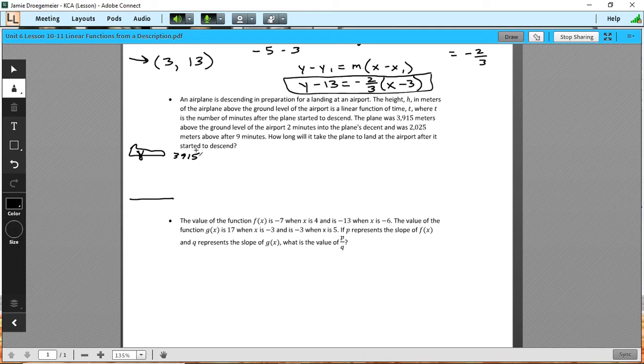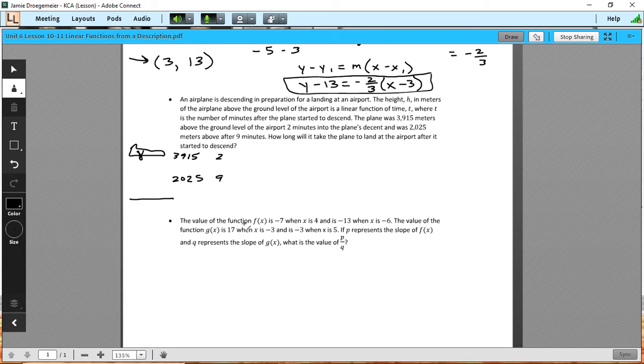So at 2 minutes, it was 39:15, and it was 20:25 after 9 minutes. So how long will it take the plane to land at the airport after it started to descend?